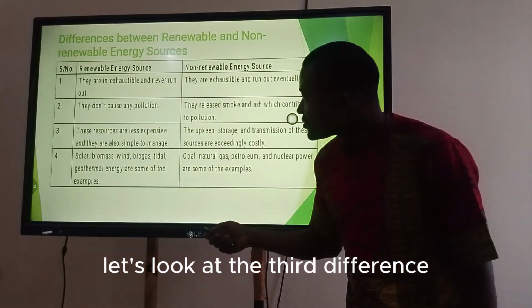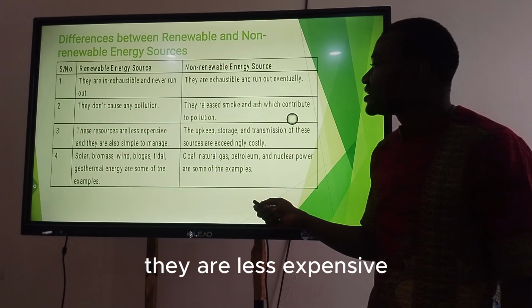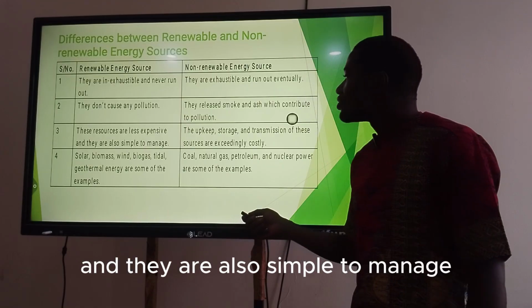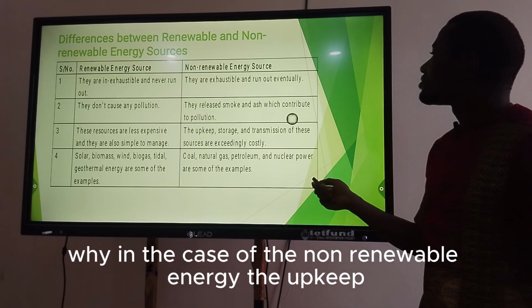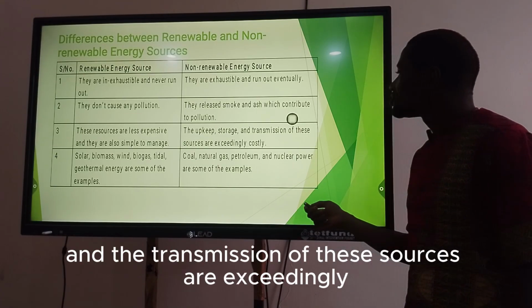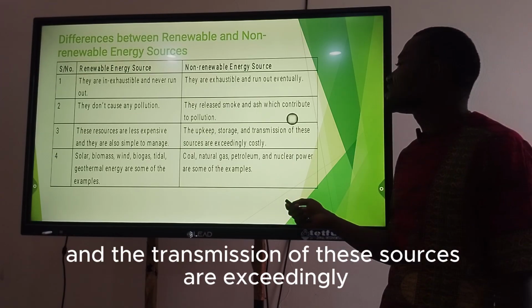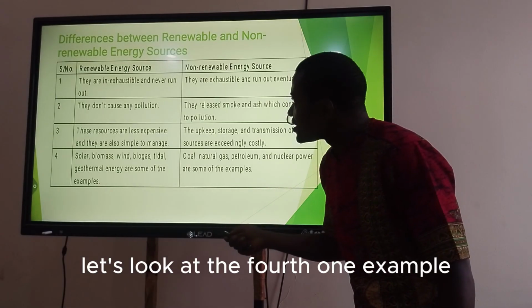Let's look at the third difference. Renewable energy resources are less expensive and also simple to manage, while in the case of non-renewable energy, the upkeep, the storage, and the transmission of these sources are exceedingly costly.